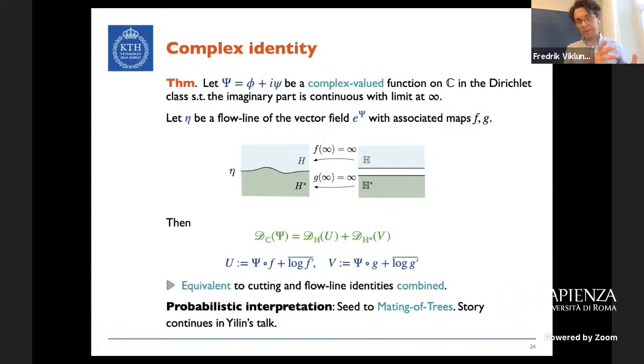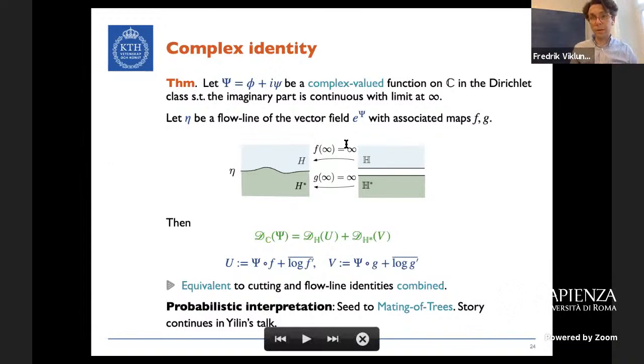We had both this cutting identity and this flow line identity, and there's a way to express both of them simultaneously. And this is what we call the complex identity. So here we look at a complex valued function on the plane in the Dirichlet class, such that the imaginary part satisfies the assumption that I had on the previous slide. It should be continuous with the limit at infinity and so on.